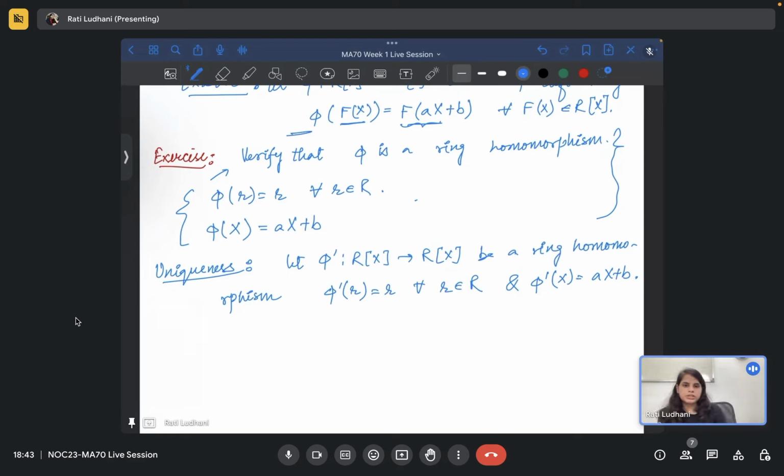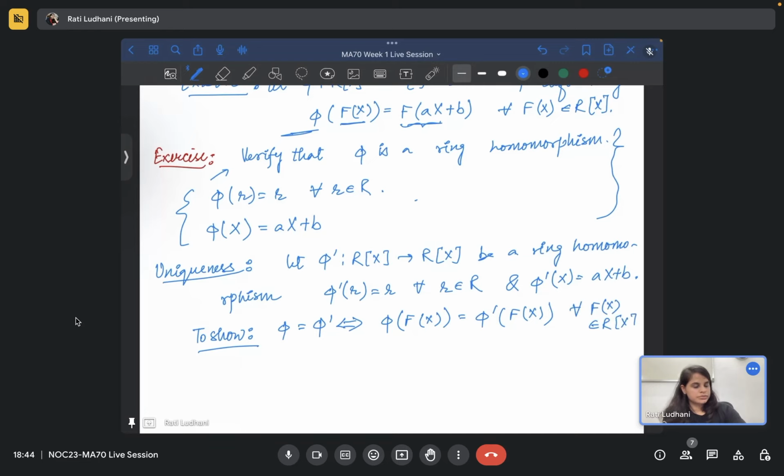So we need to show that phi and phi dash are the same. What does it mean to say that phi and phi dash are the same? What should we check? They agree at every point. Exactly. They should agree at every point. So to show phi is equal to phi dash, that is phi of f(x) should be the same for all f(x) belonging to R[x].